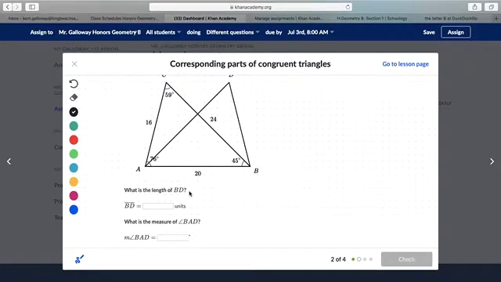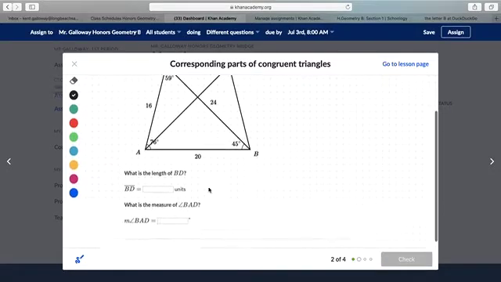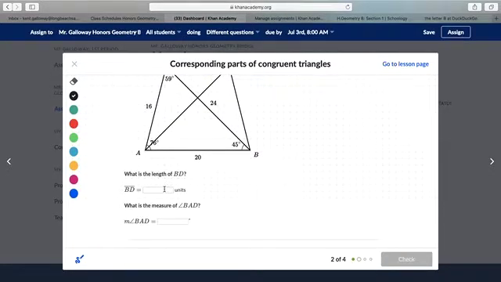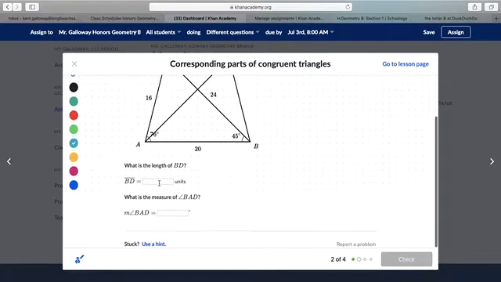All right, now this one's a little bit more complicated. ABC is congruent to BAD. They're overlapping triangles, and you don't even need to look at this diagram. BD needs to match up, in the same order, with AC.